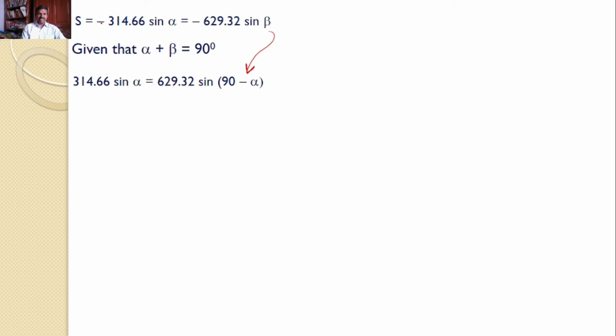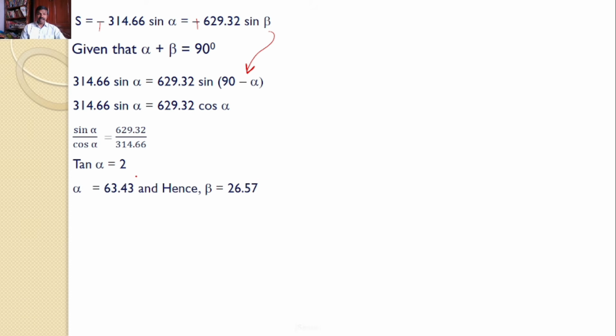So I can rewrite this equation, minus minus gets cancelled. So you will get 314.66 sine alpha is equal to 629.32 into sine of 90 minus alpha. Sine of 90 minus alpha is equal to cos alpha. Then you can simplify: tan alpha is equal to 629.32 by 314.66, which gives the value of 2.